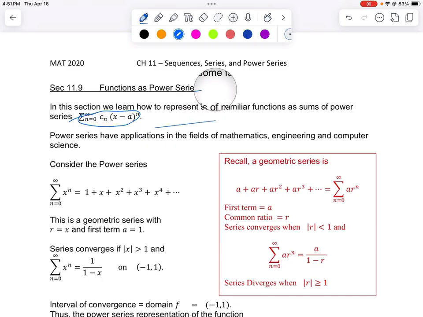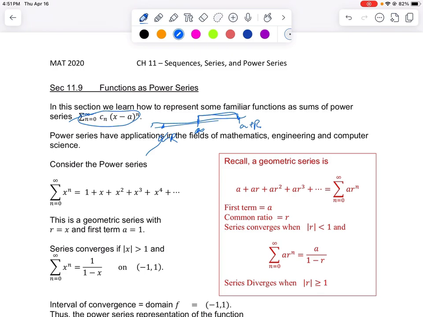If I have a in the center, then over here I have a minus r and a plus r. And then we say that the interval of convergence is a minus r to a plus r, and the radius of convergence will be this much, a to a plus r.